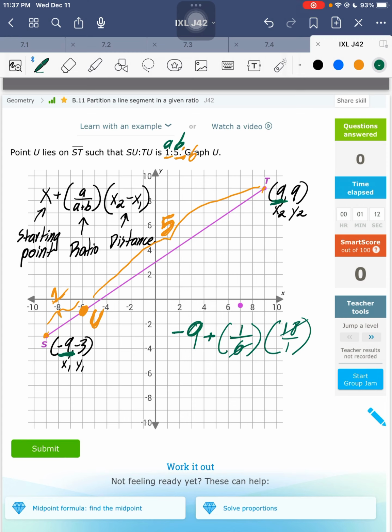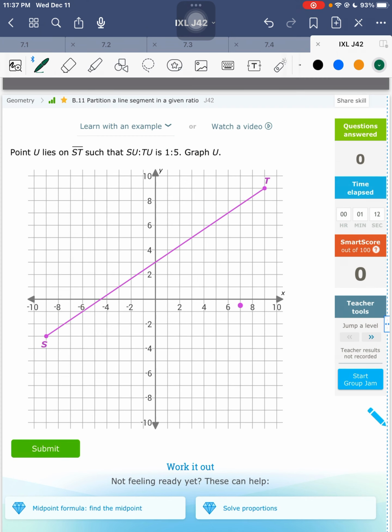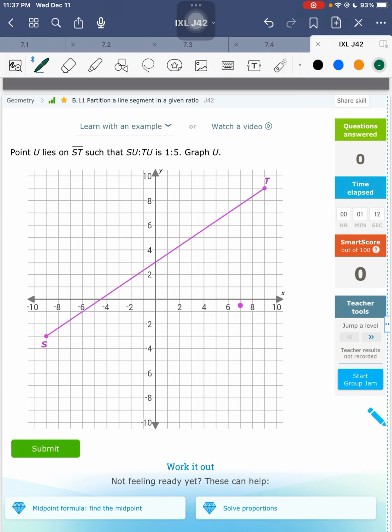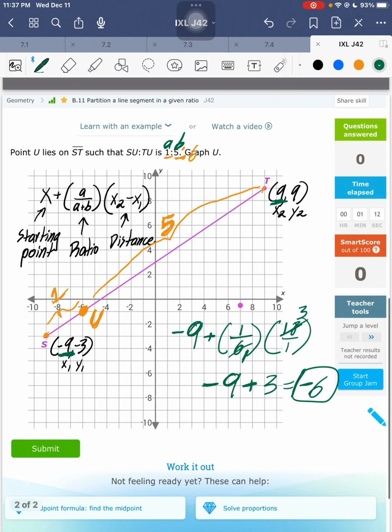That's 18. So 18 over 6 times 1. Now I'm gonna simplify. The greatest common factor of 6 and 18 is 6. So 6 divided by 6 is 1, 18 divided by 6 is 3. So what is -9 plus 3? That is -6. So my x coordinate is -6.